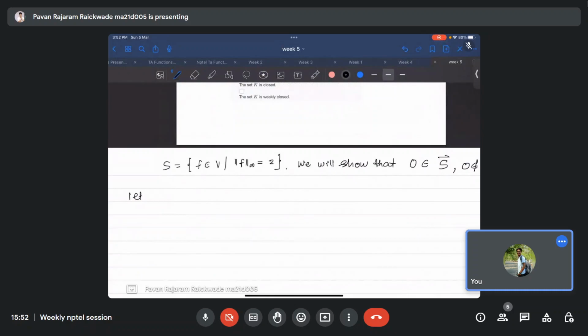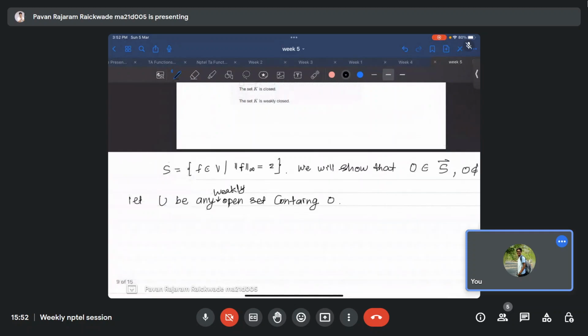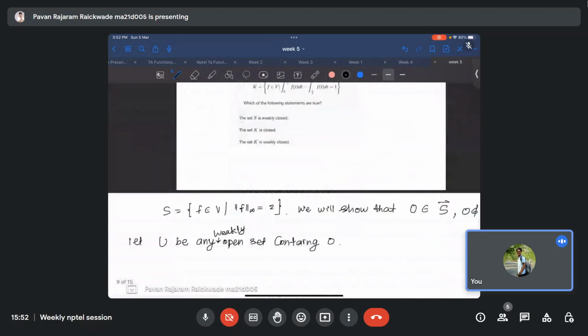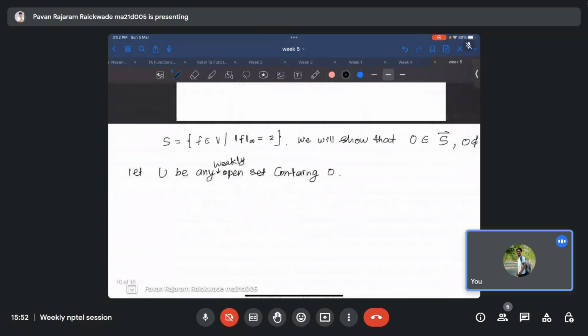So let U be any open set containing 0. Open means weakly open. 0 here is the constant 0 function, the 0 element of the vector space V. So U is any weakly open set containing 0. Okay. So how is the weak topology formed?